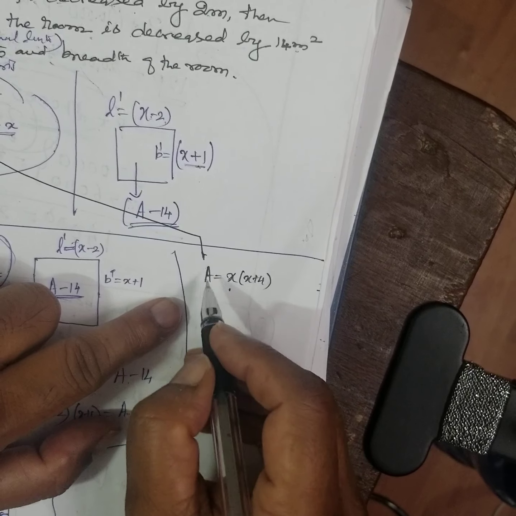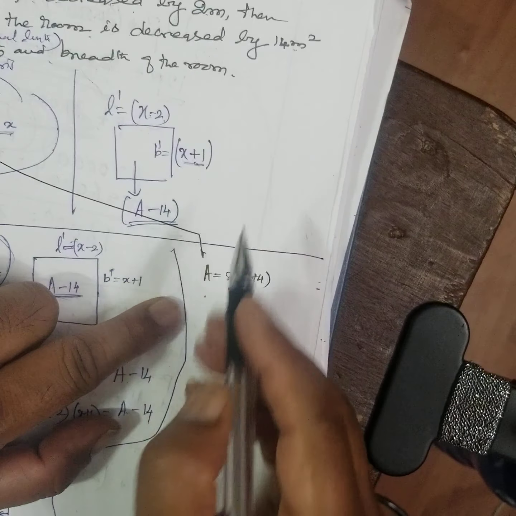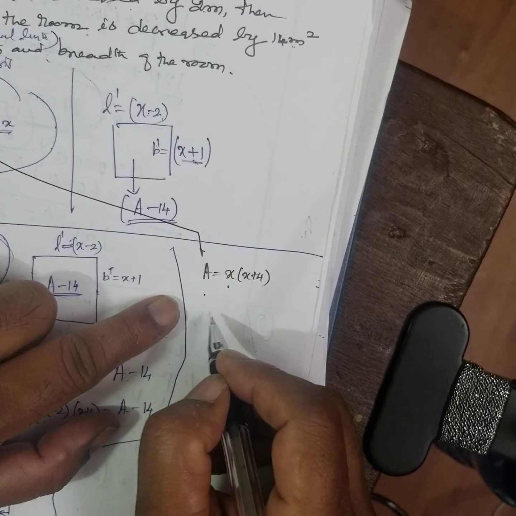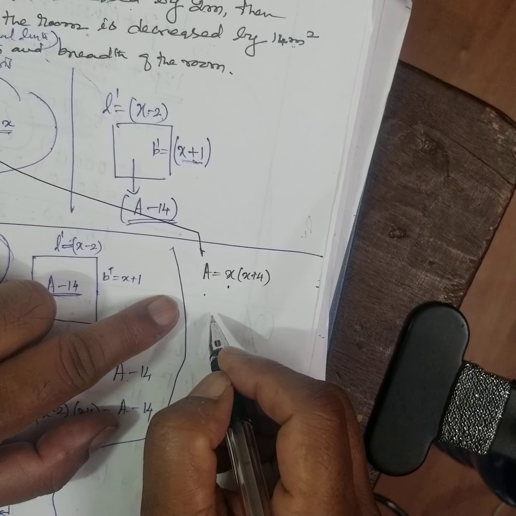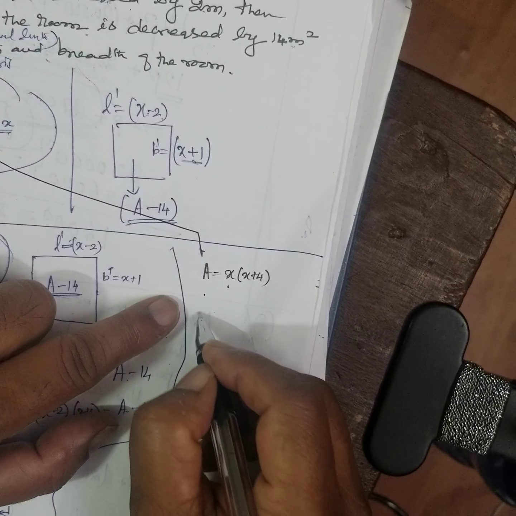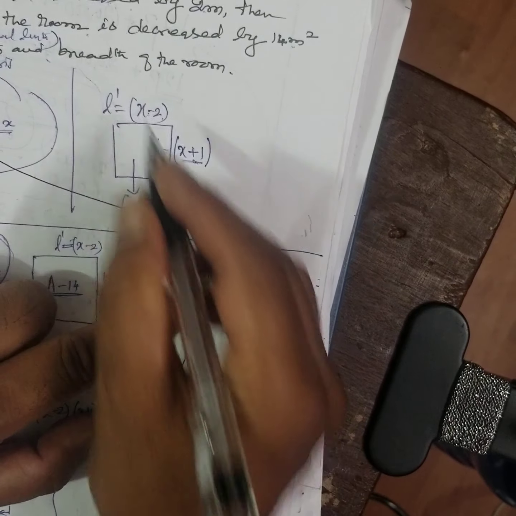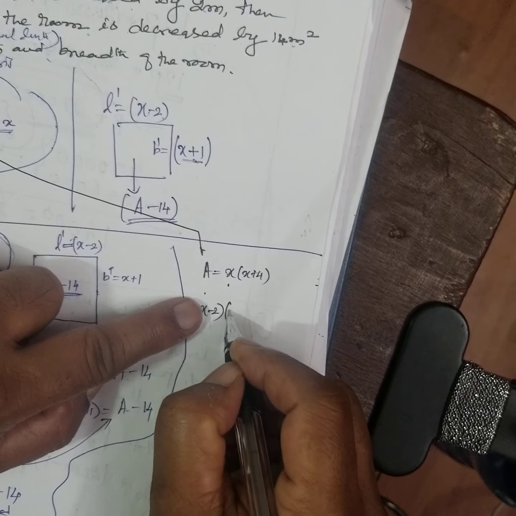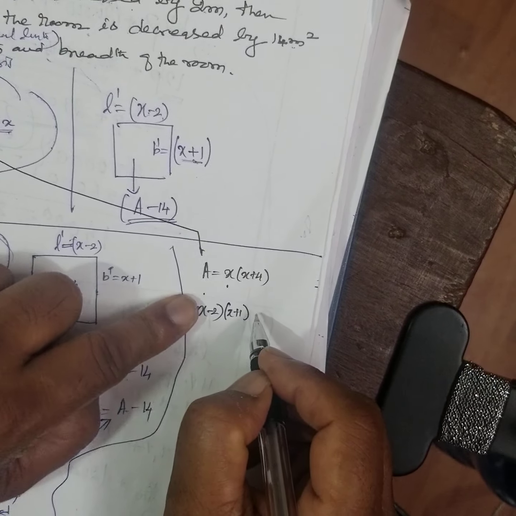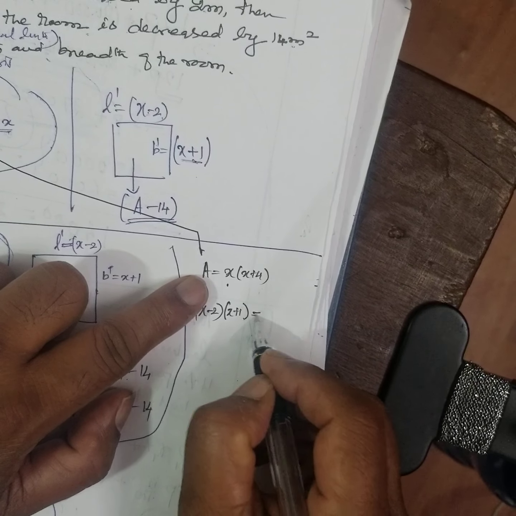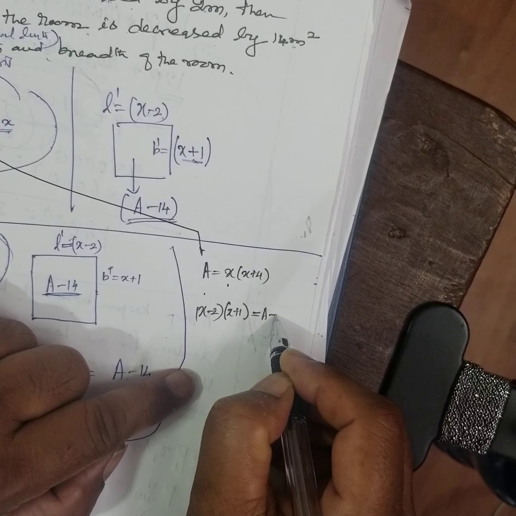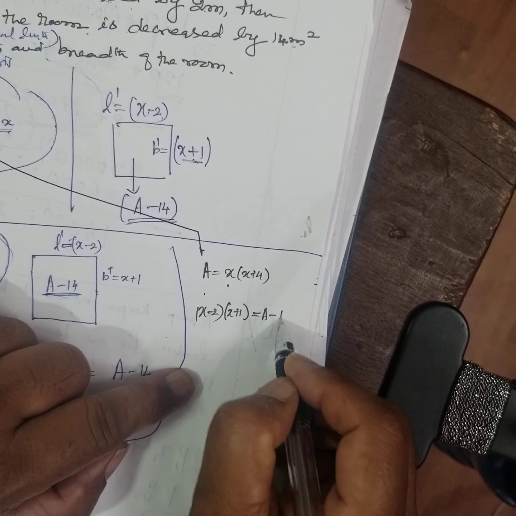The new length is x minus 2. The new breadth is x plus 1, equal to that area minus 14.